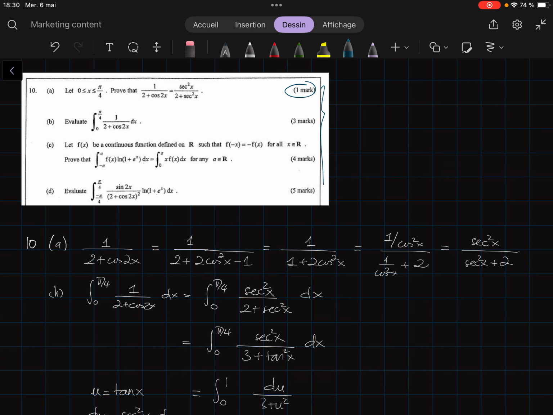Part C. Let f be a continuous function, of course, such that this is true, in other words, an odd function. Prove that this integral is equal to the integral from 0 to a of x f of x dx. Interesting. Okay. Whew, how do we start?